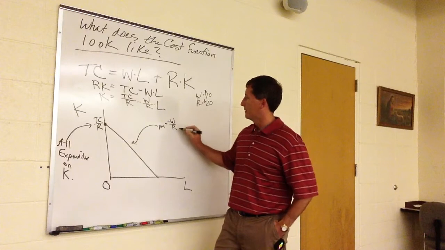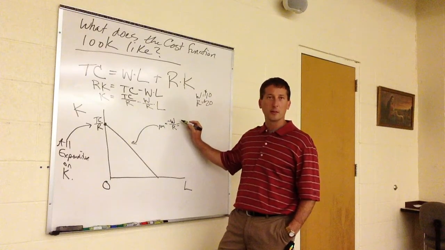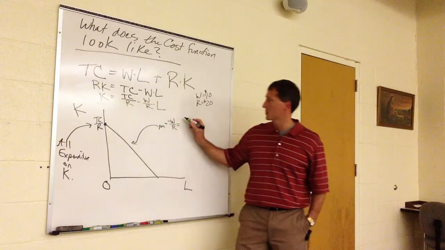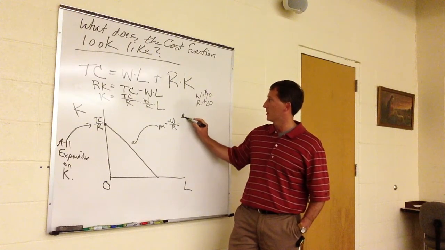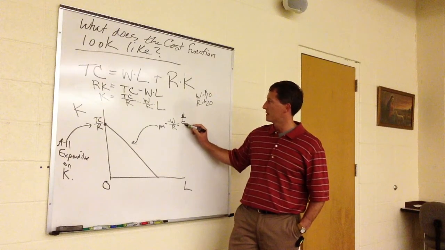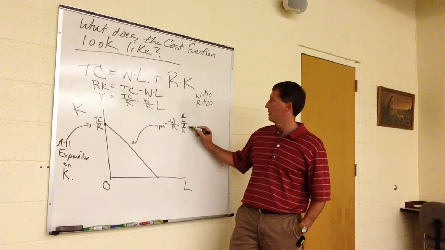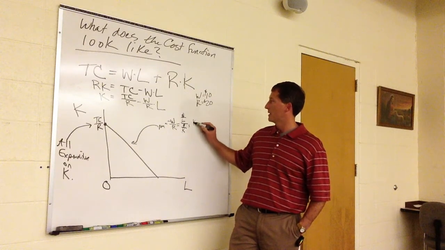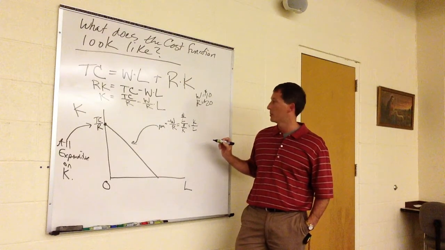when we do the math here, same trick that we did with the budget constraint, the wage rate is the dollar amount per unit of labor. The rental rate is the dollars per unit of capital, which gives us the number of units of capital that can be traded for each unit of labor.